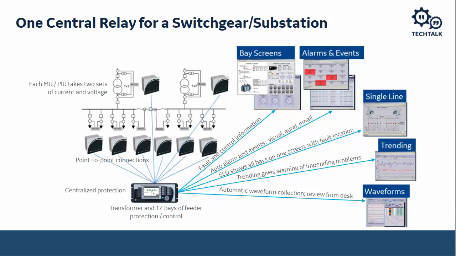On top of that, I could use that near gear HMI to do trending. I could do that trending in the relay, or I could do it with the HMI so that I could have trend reports of current, voltage, power, that sort of thing for my switchgear. And then lastly, I can have that near gear HMI type scheme automatically download waveforms in the event that we have an operation of the B30 and get that information into that near gear HMI for analysis.